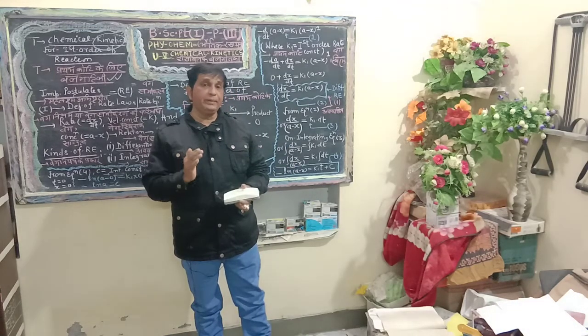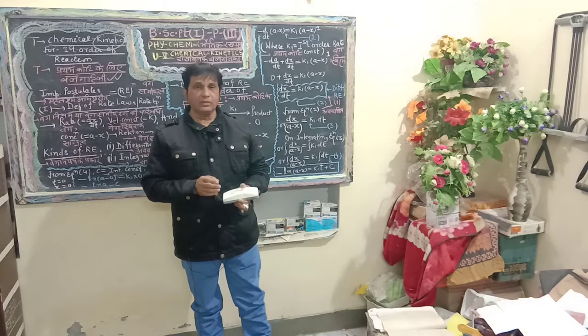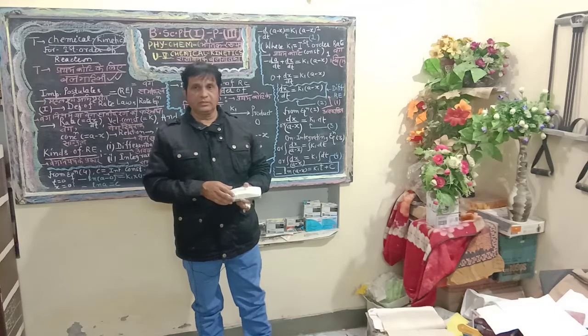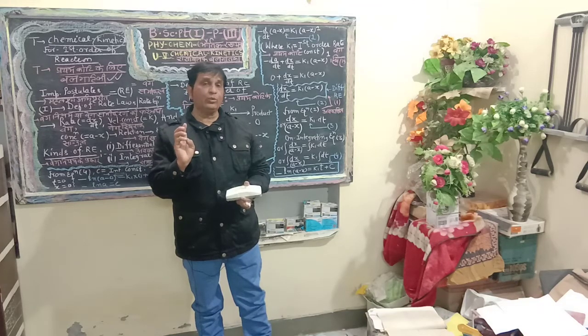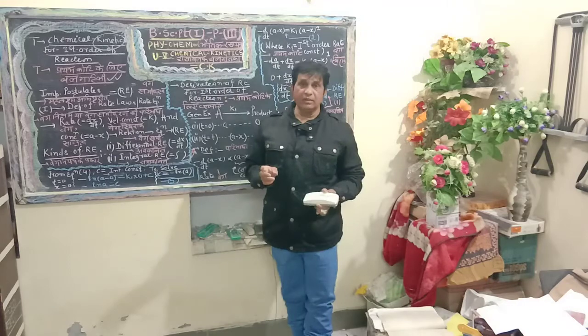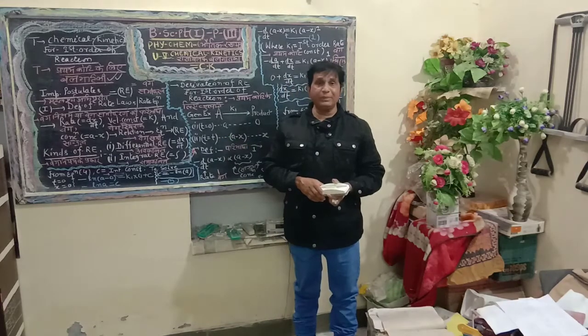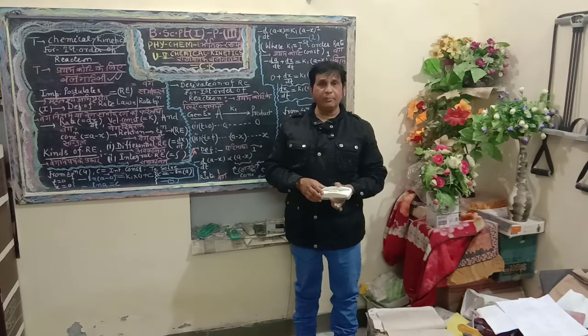Once again, I repeat, the description of the kinetics of a first order reaction depends upon 5 or 6 points. First one, the definition of rate law, rate equation, and its classifications. Second one, the graphical representation for a first order reaction.